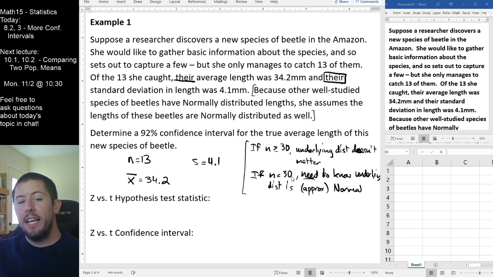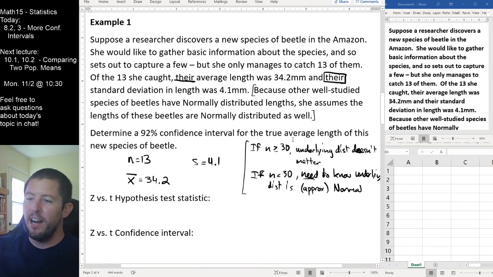And by the way, I should say, think continuous variables for biological things are typically normally distributed. When we talk about counting things like number of eggs in a nest or something like that, those typically are not normally distributed. Those are a little bit more likely, I believe, to follow a Poisson distribution, which we haven't talked about in this class here. But so many biological measurements like that that are continuous are normal.